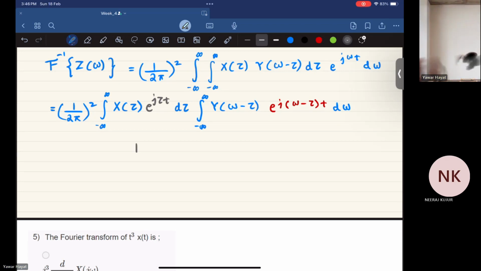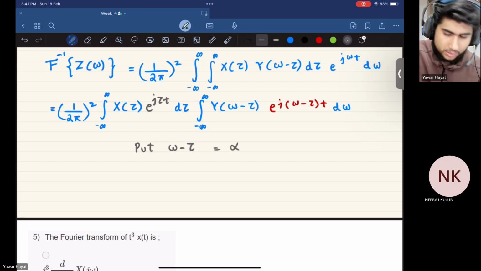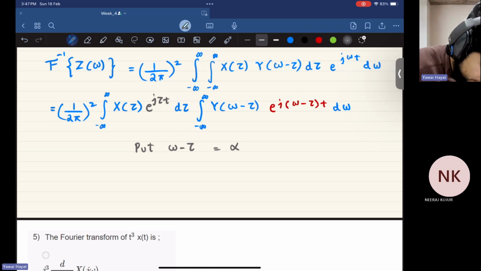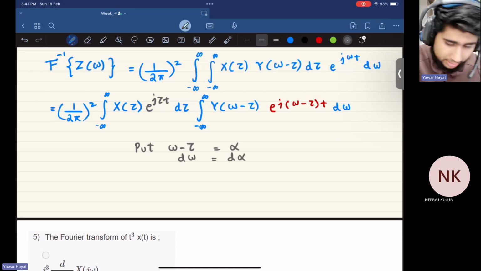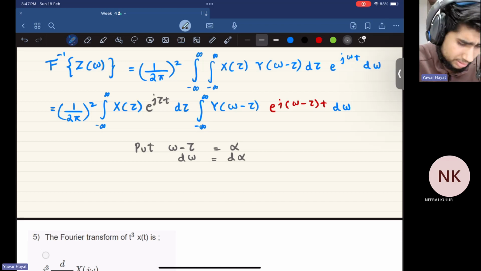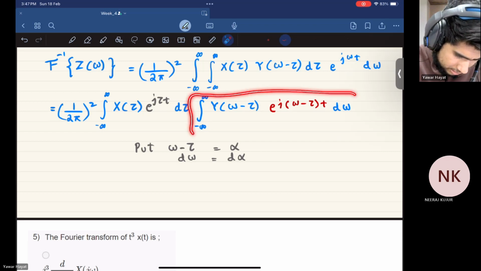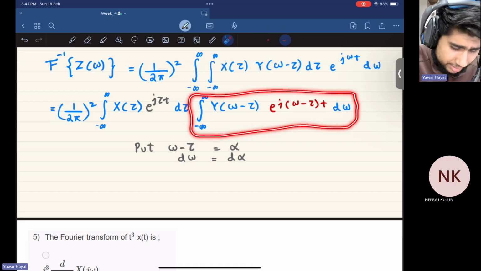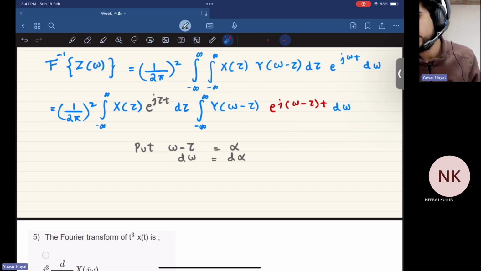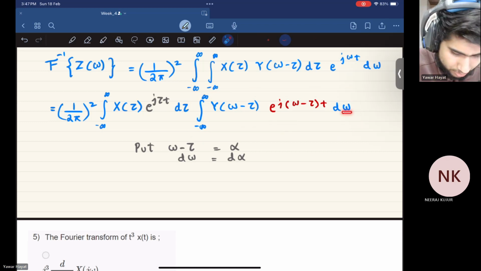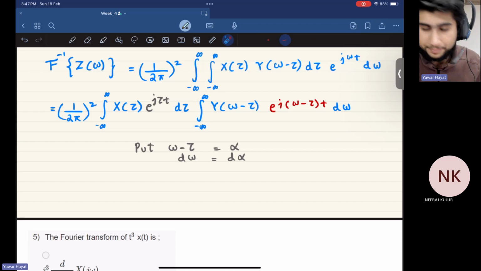I'll use this one, omega minus tau. I'll put that as alpha. What would that give me? That would give me d omega as d alpha, right? Because for this integral, tau is essentially a constant, right? Omega is the variable of integration.